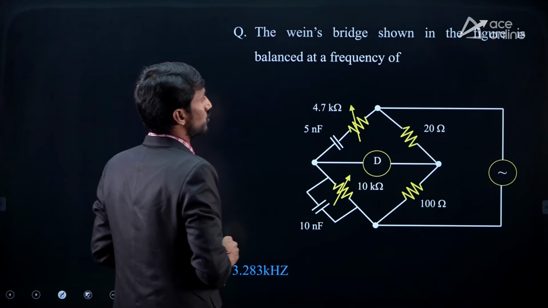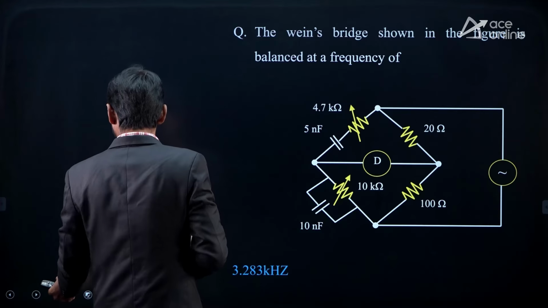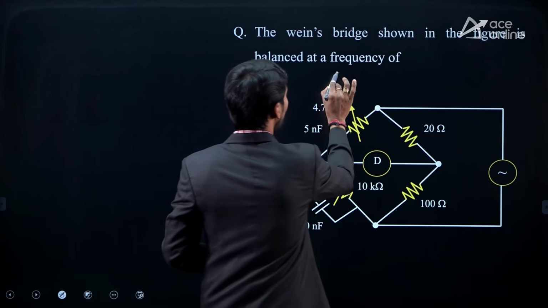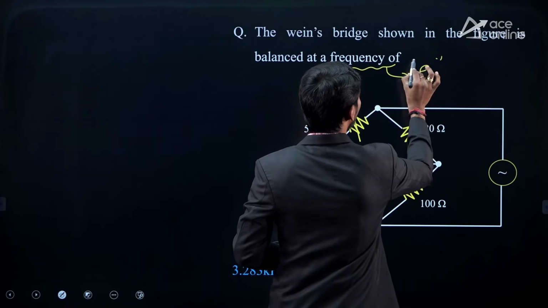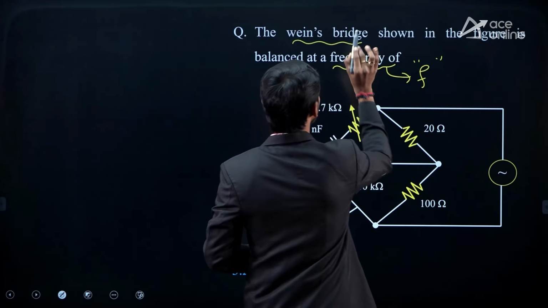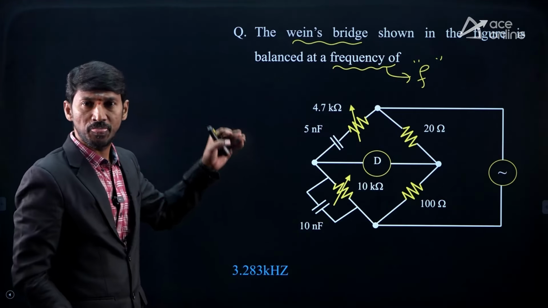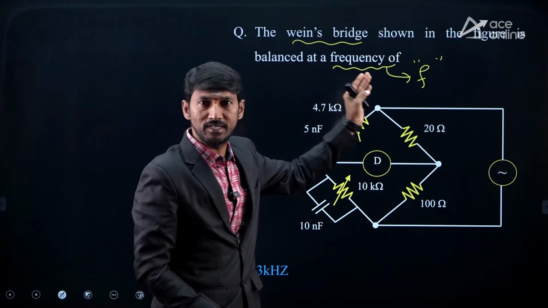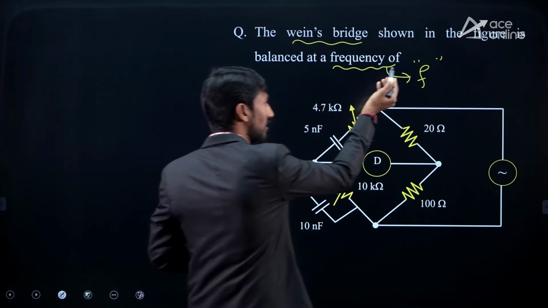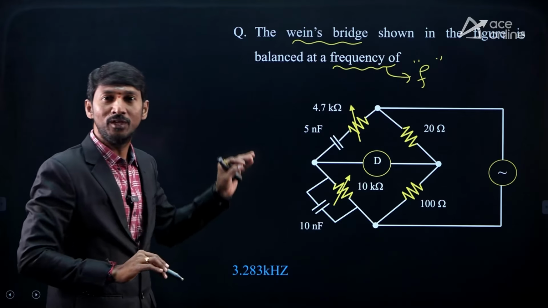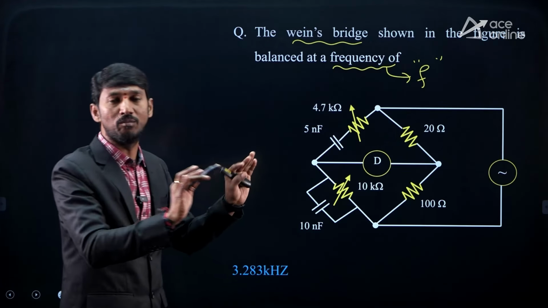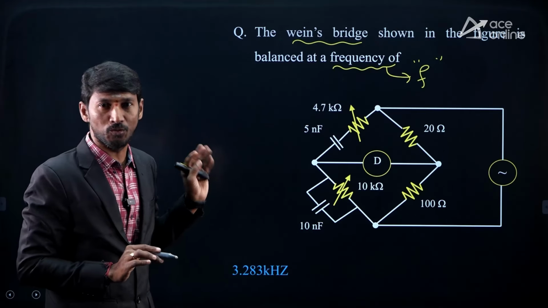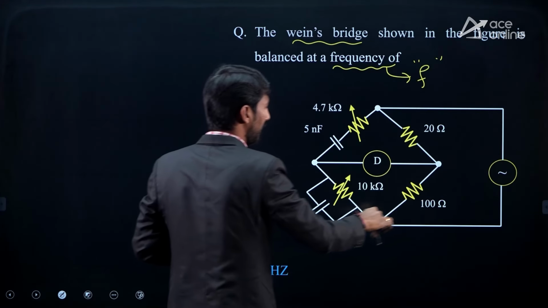The Wien's bridge shown in the figure is balanced at a frequency of, and he is asking the frequency value. Wien's bridge is used for measurement of frequency. Very simple: if you can recollect the formula, it is just substitution and calculation.